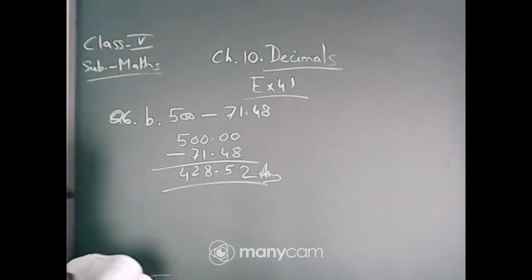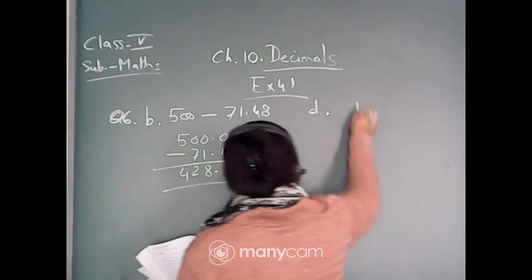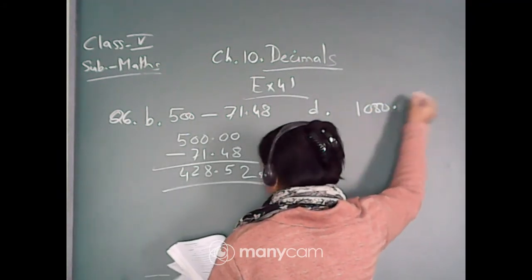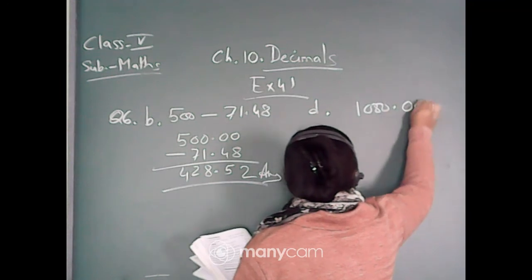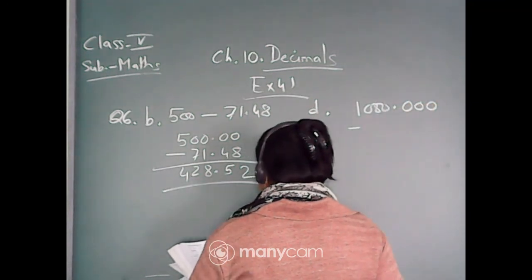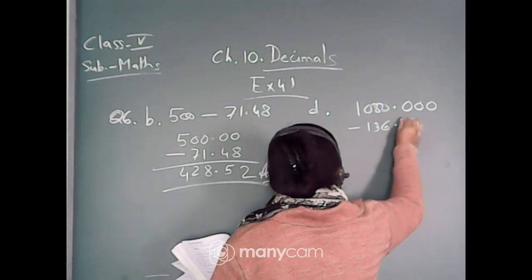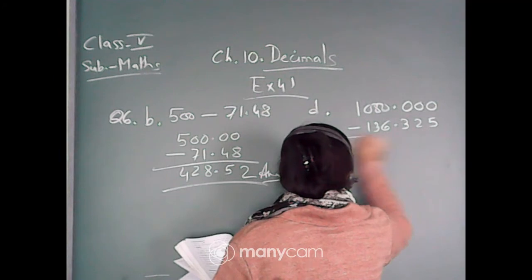Now number D. I'm writing directly, okay, 1000.000, that means I'm making it in like fractions and then I'm subtracting, minus 136.325.